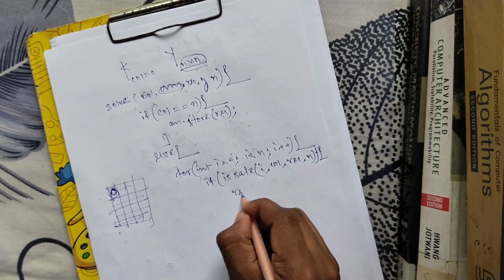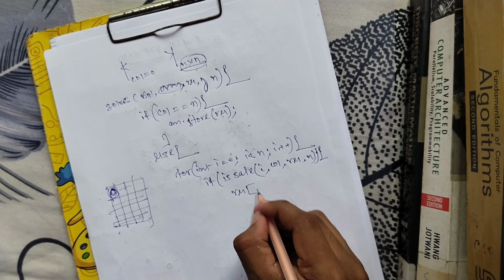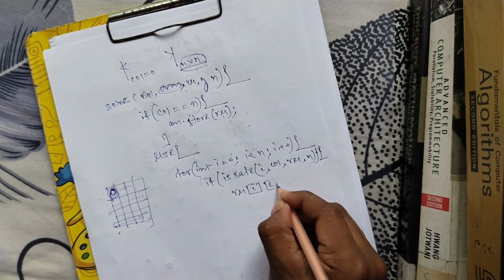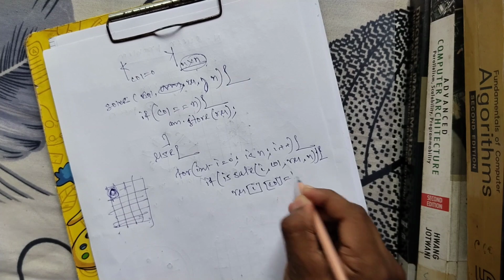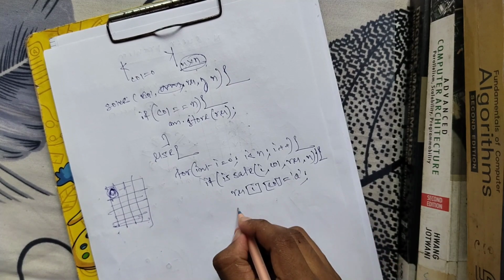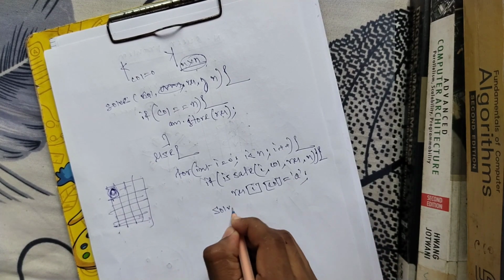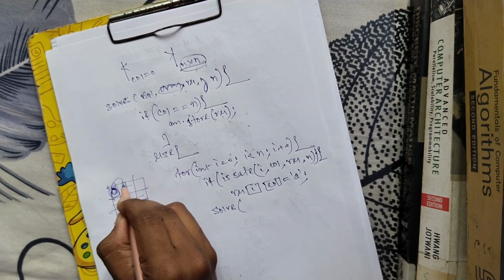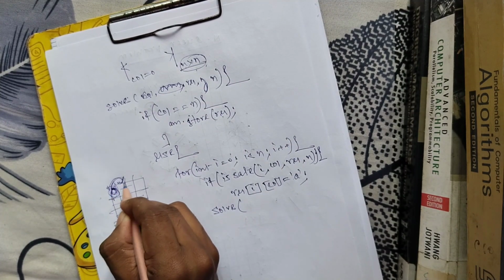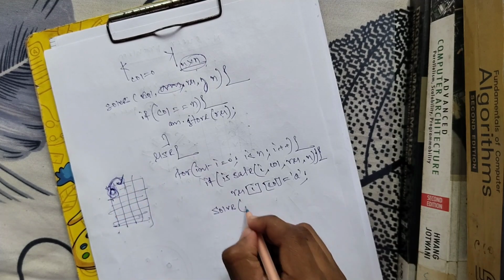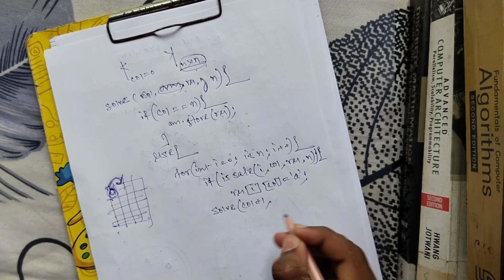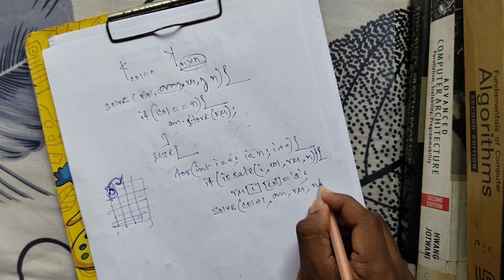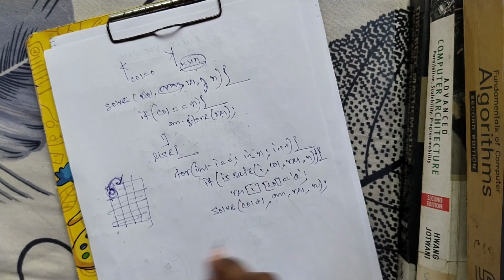So what do I do? I just place this queen. Okay, so this is the row and this is the column. I place the queen here, and next I call this function and increase the column, column plus 1 and answer, and then backtrack.